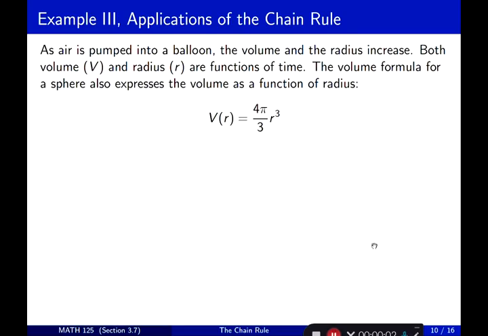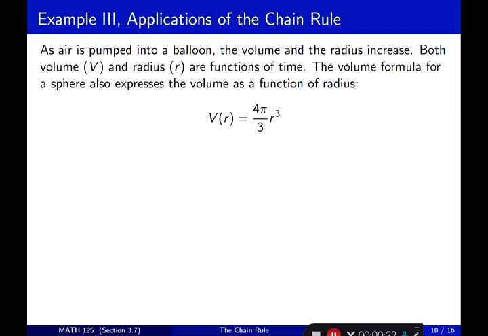We're continuing with section 3.7, examples, applications of the chain rule. So the discussion here is that a lot of times you have a function of one variable, and that variable depends on another variable, and so you're taking the derivative.